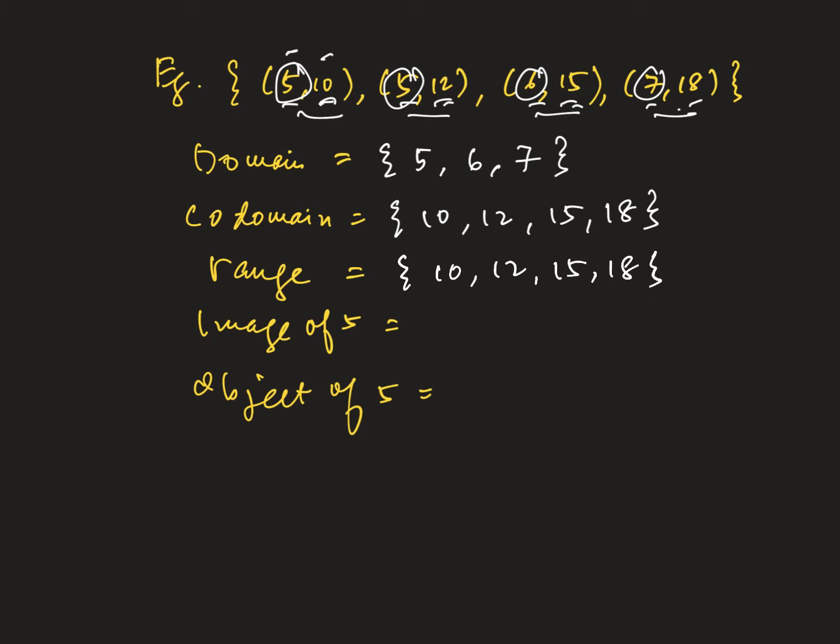And for image 5, there are 2 images for 5. One is 10 and the other one is 12. So the image for 5 is 10 and 12. And the object for 15 is 6.